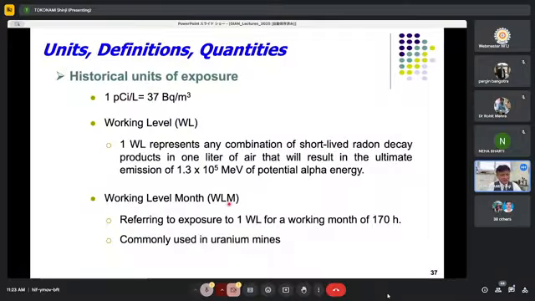Working level month, WLM, refers to exposure to 1 working level for a working month of 170 hours. This unit, working level month, is commonly used in uranium mines for radiological protection.